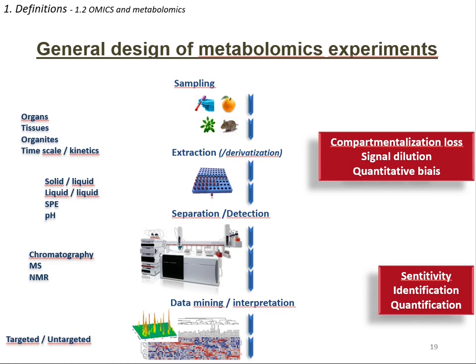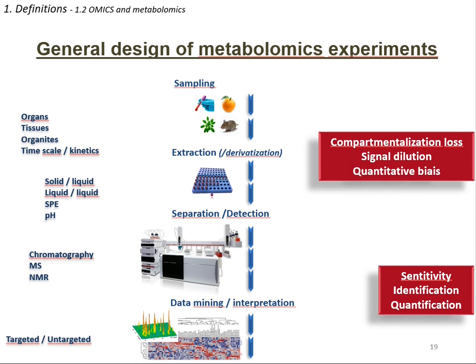It's important to understand the limitation and the drawbacks at each of these steps. Upstream this workflow, you have compartmentalization loss. This is what I said earlier, talking about the leaf of a plant. If you analyze a compound in the leaves, of course, it has a very different meaning as compared to analyzing the same compound maybe in one cell type or in one tissue.